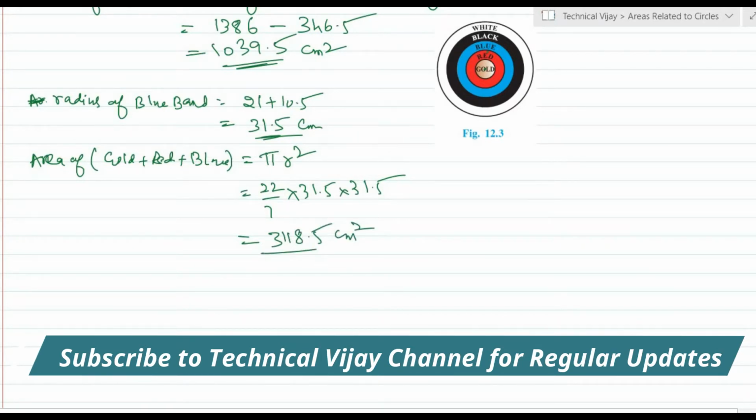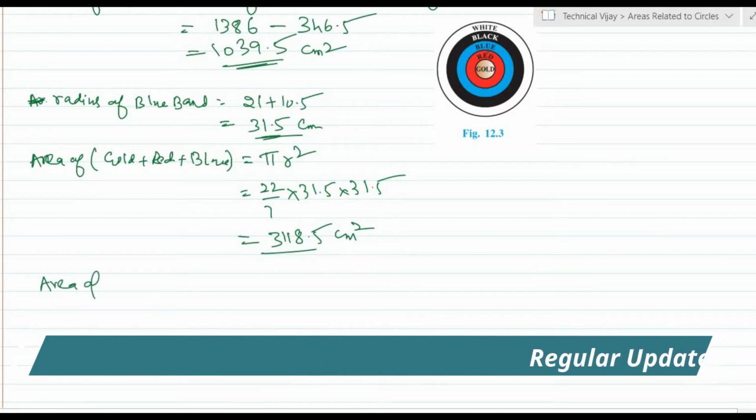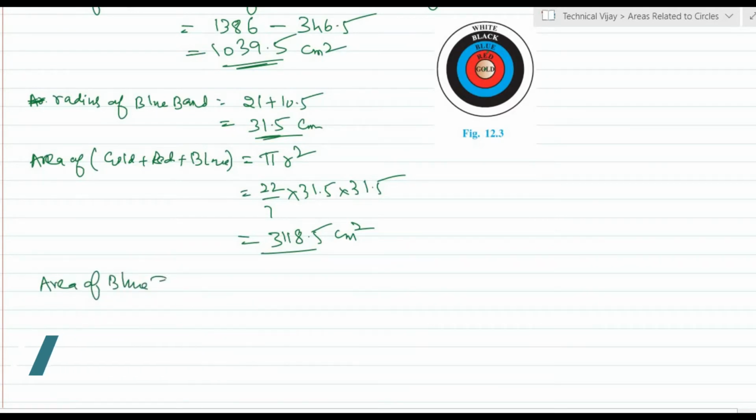So now the area of blue only is equal to the area of gold plus red plus blue minus the area of gold plus red.